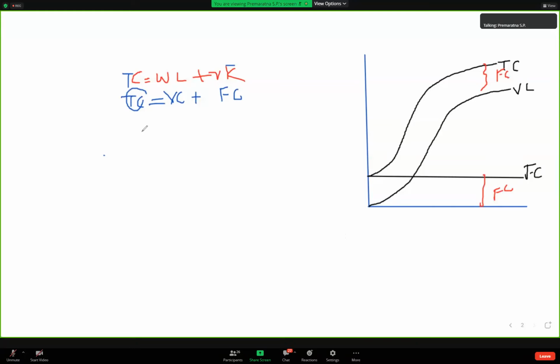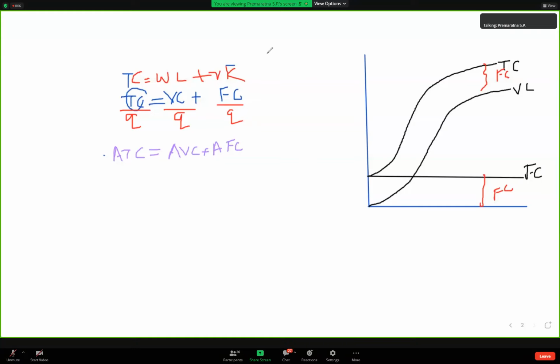Now, to find the average cost, what you have to do is divide the total cost by Q, on both sides. In that way, we get average total cost equals average variable cost plus average fixed cost.